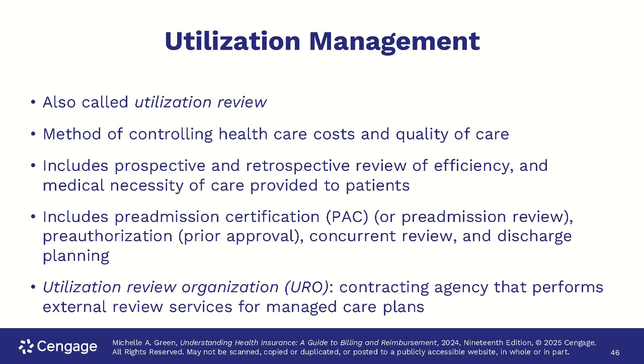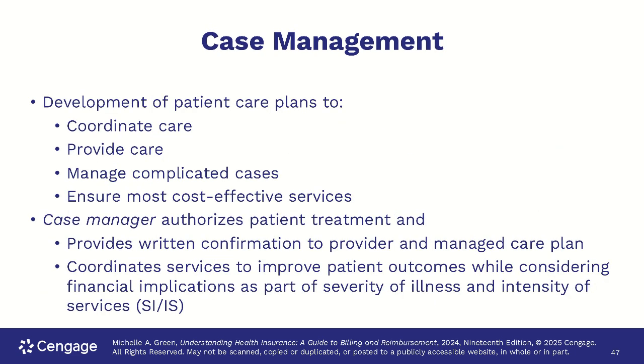And then while the patient is admitted, on a daily basis they're continuing to evaluate if that patient meets the criteria to stay at the hospital or do they need to go home? And I like to say that the objective of admission is discharge. And so discharge planning literally starts when you get admitted. What do we got to do to get this patient home safely so that they can recover at home? And there is a URO organization, which is an agency that does external review for managed care services.